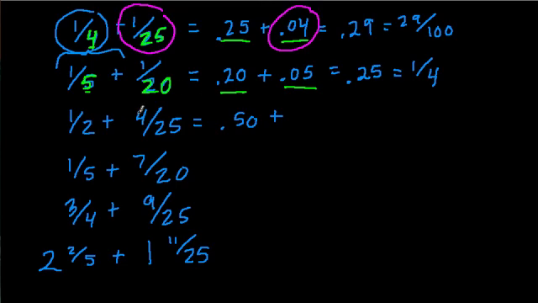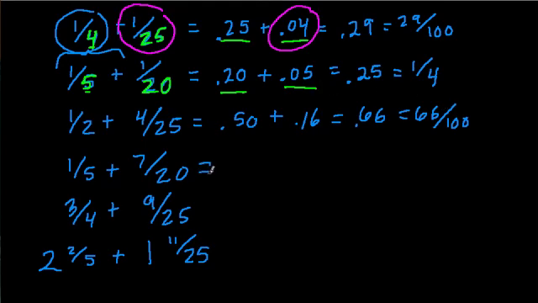So let's think of 4/25ths as if you had 4 groups of 4 cents, right? 4 1/25ths. And if I had 4 groups of 4 cents, it's 4 times 4 cents, it's 16 cents. Adding these two up, we get 66 cents, or 66 out of 100.